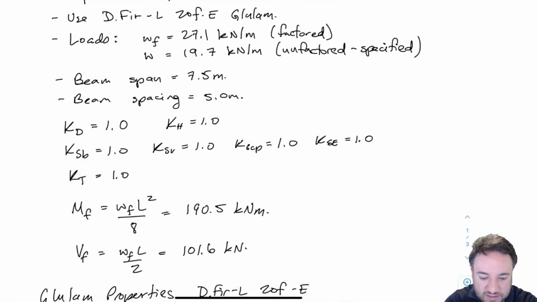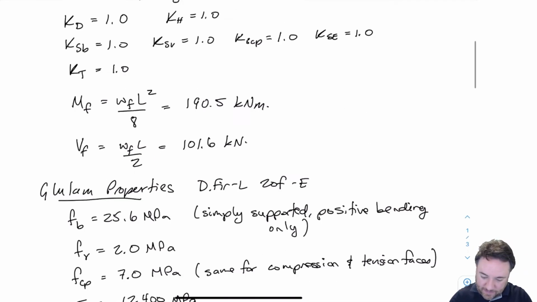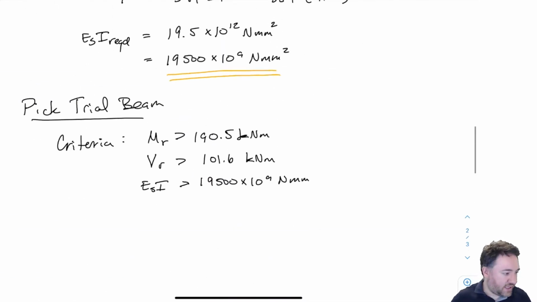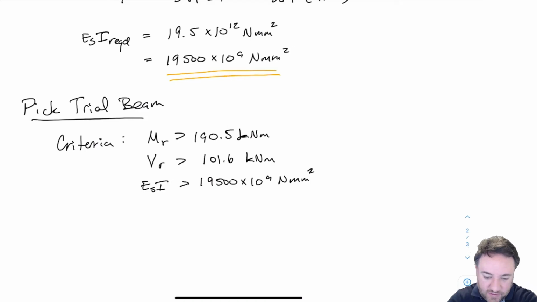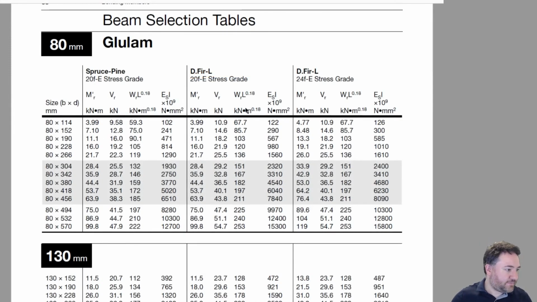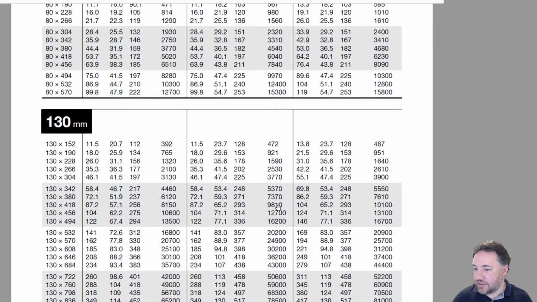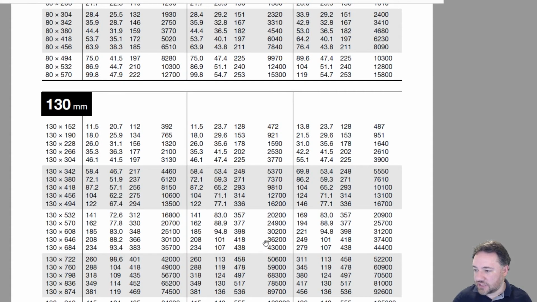And ours was, down here, the requirement was 19,500 times 10 to the 9 Newton millimeters squared. So we're looking for a value of 19,500 at least here. And you can see that our 130 by 646 more than satisfies that, 36,200. So we're more than double over. So it's going to be fine.